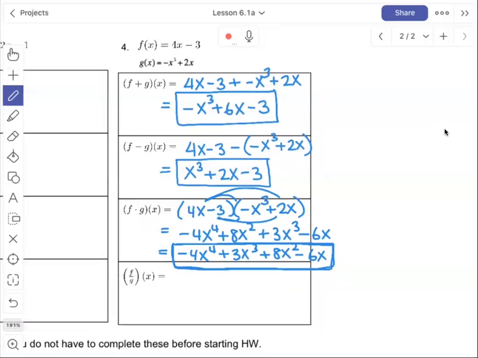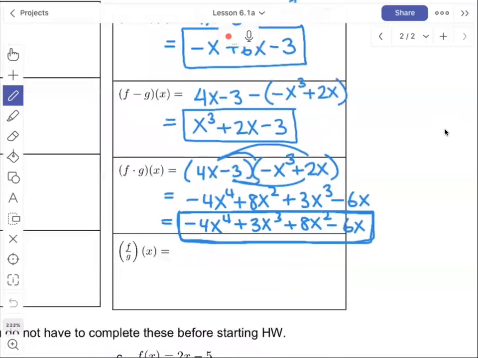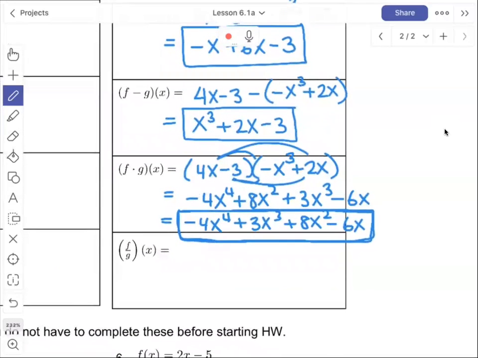Okay, last one. Let's go to Jackson. All right, Jackson, finish it off for us. f over g of x. So you put 4x minus 3 over negative x cubed plus 2x. Good.